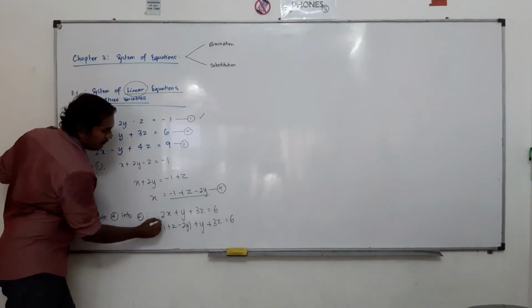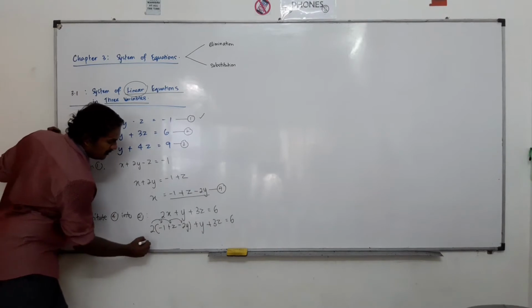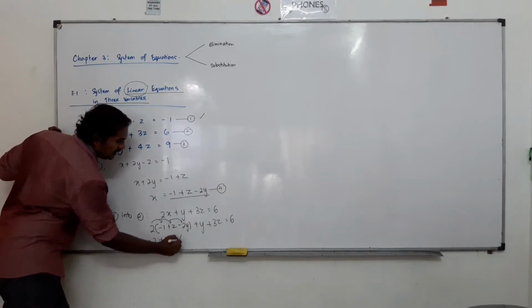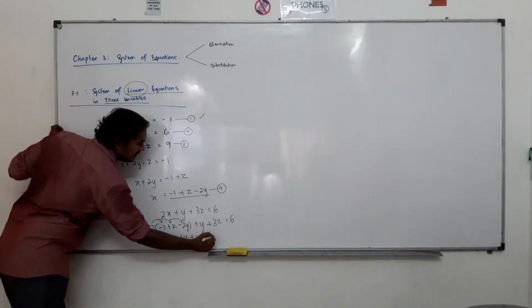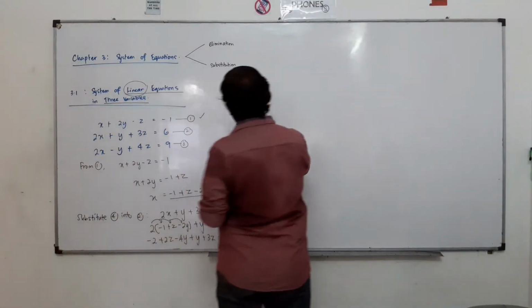Now 2 must be multiplied into the bracket. So you will get negative 2 plus 2z minus 4y plus y plus 3z equals 6. Now simplify the equation.